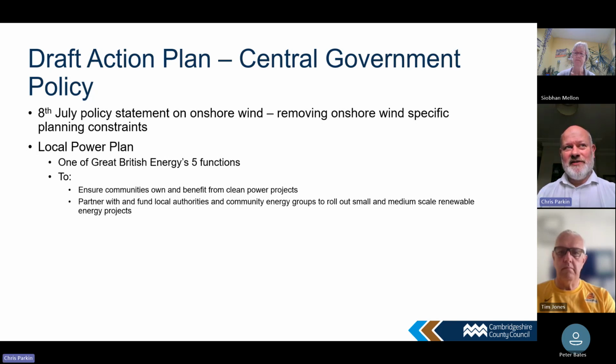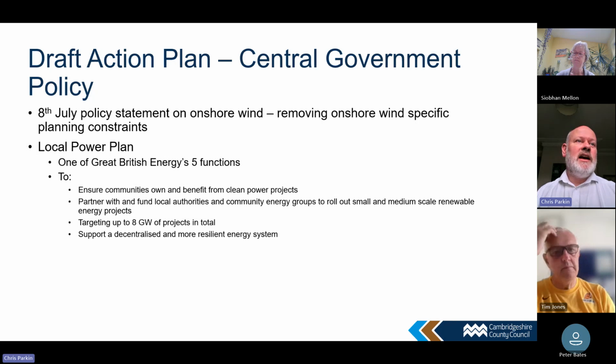And the government will partner with and fund local authorities and community energy groups on small to medium projects, targeting a total of up to 8 gigawatts of capacity. I'm not sure, I presume that's over the course of the current Parliament, and support a decentralised and more resilient energy system. So reducing pressure on the transmission grid, for example, by more decentralised energy generation.